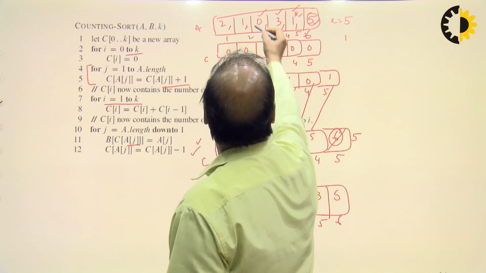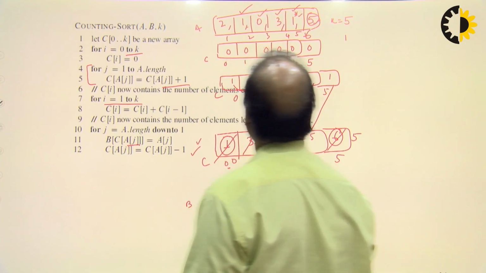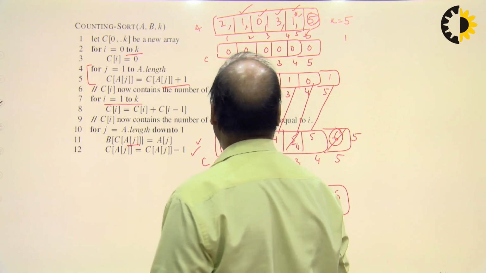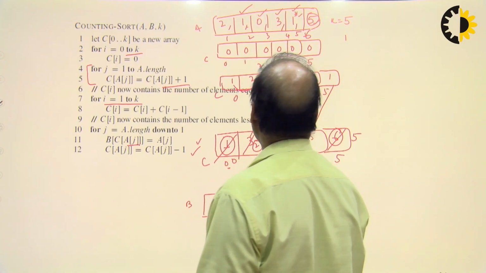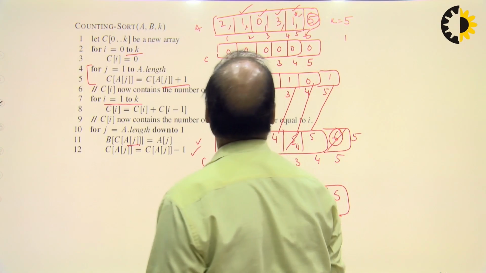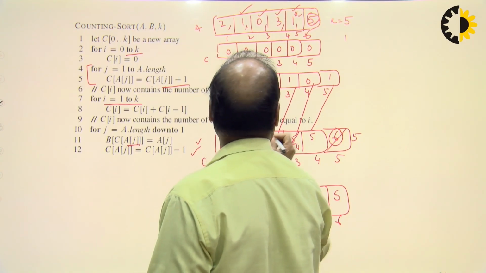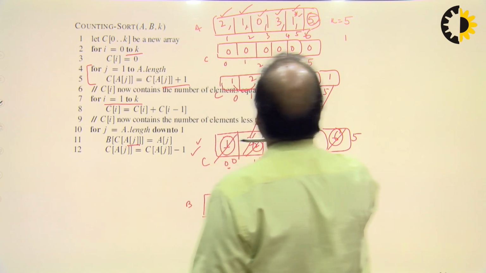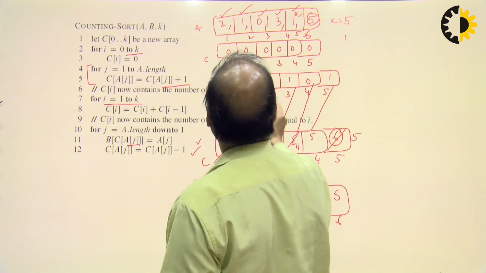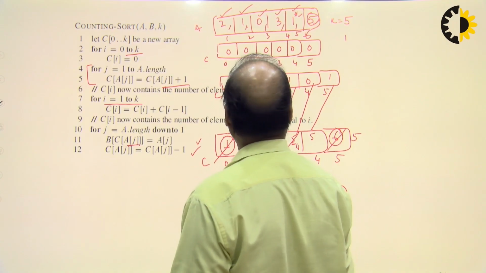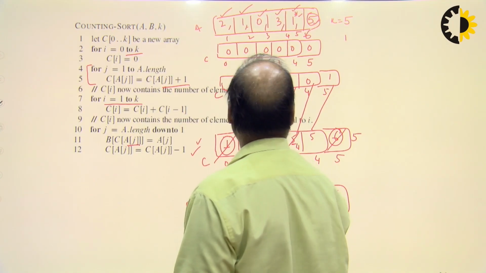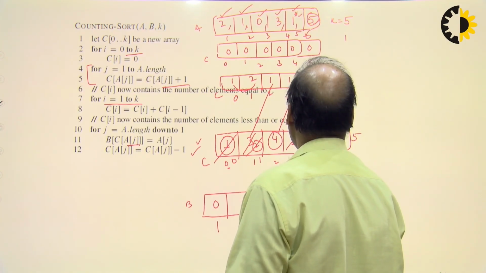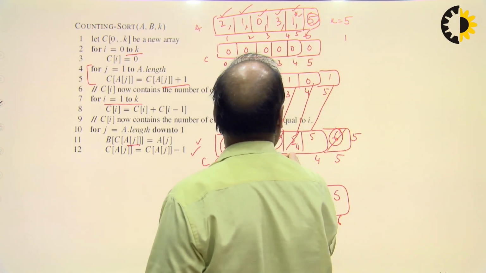Again, A2 is 1, consult C1, which is 2, and B2 is going to be 1. This is placed over here, and this is decreased by 1. Similarly, A1 is 2. So consult C2. C2 is 4. So B4 is going to be this value, placed here, and C2 is decreased.